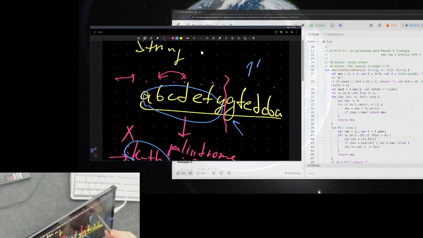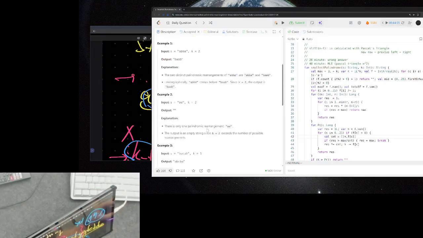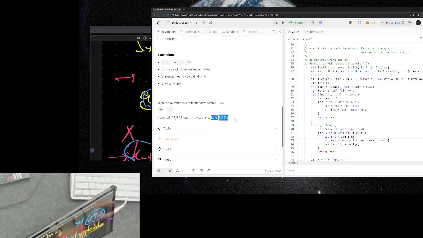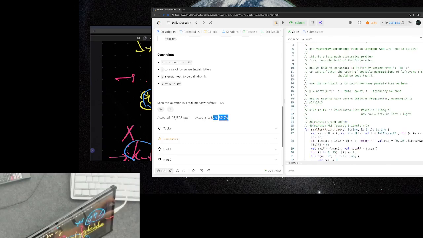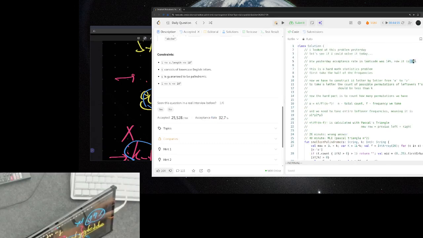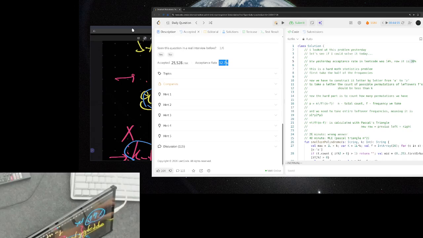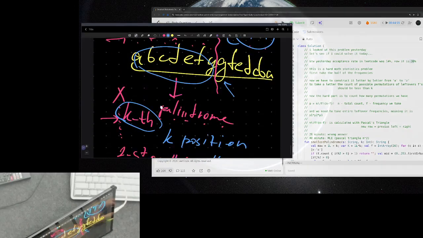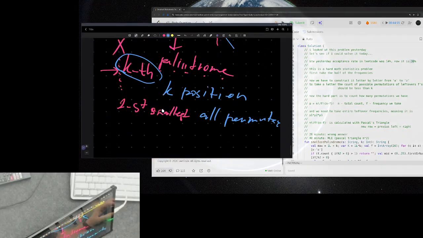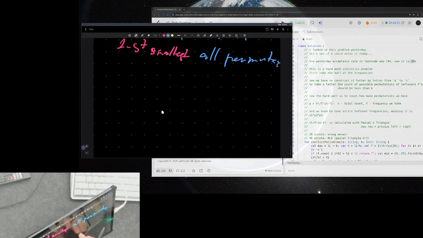It was a 14% acceptance rate yesterday, but today it is almost 30 at the time I look at it. And by the way, it's already 32, and when I started to solve this problem it was only 30, so the number grows. The people are just passing the first solution that they steal from somebody.